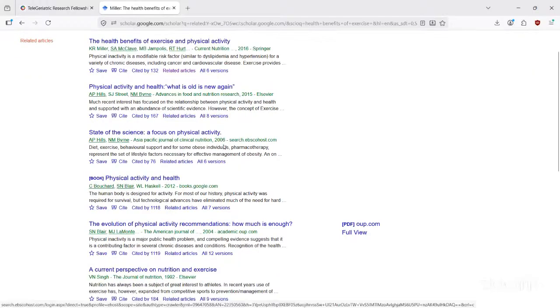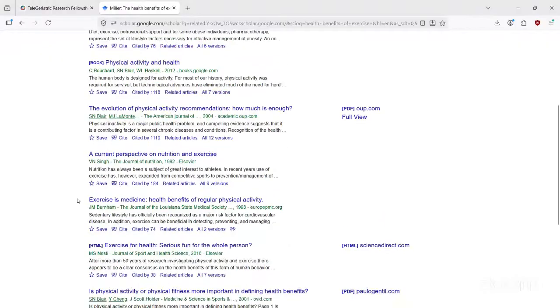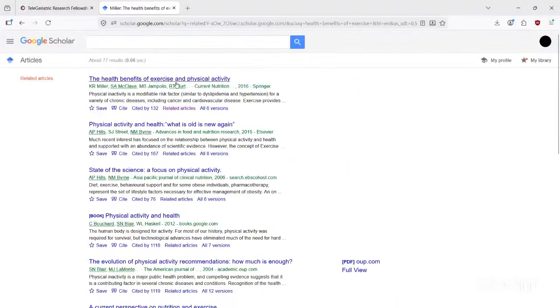All of these studies here, around 6 to 7 studies, are very similar to the one that I clicked in the beginning. So this will further help refine your research rather than going over thousands of studies. By using related articles, it will really help narrow down your studies.